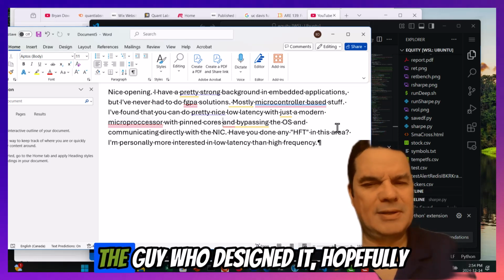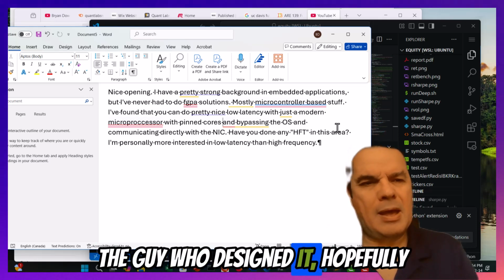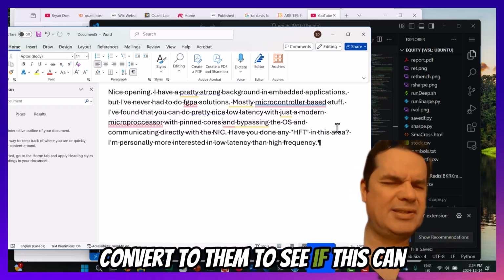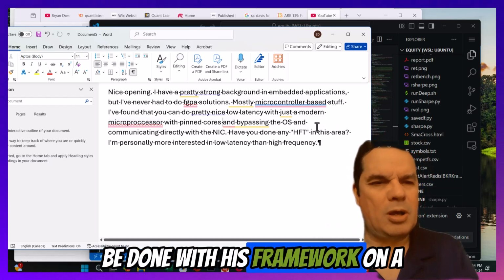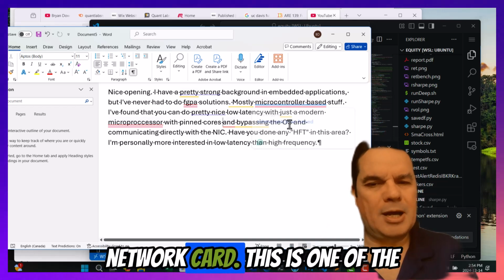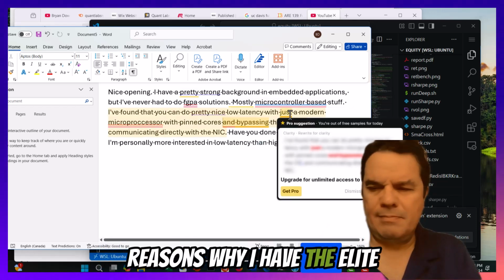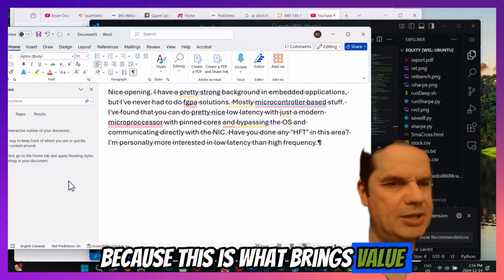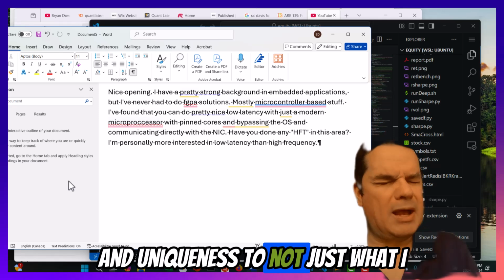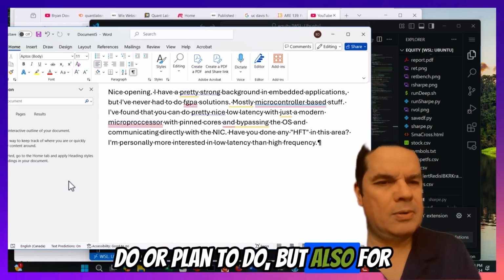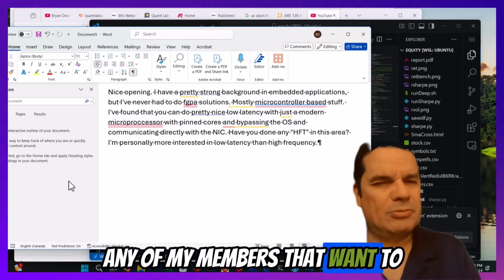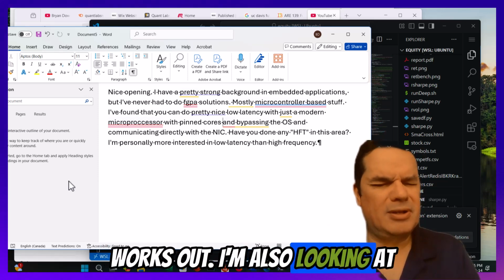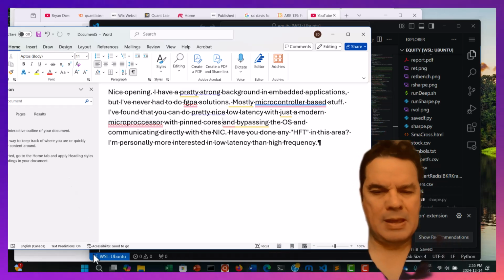And I'm going to talk to the guy who designed it. Hopefully, he'll respond. And then I can converse with him to see if this can be done with this framework on a network card. This is one of the reasons why I have the elite membership, because this is what brings value and uniqueness to not just what I do or plan to do, but also for any of my members that want to join. And we'll see how that works out. I'm also looking at other C++ as well.